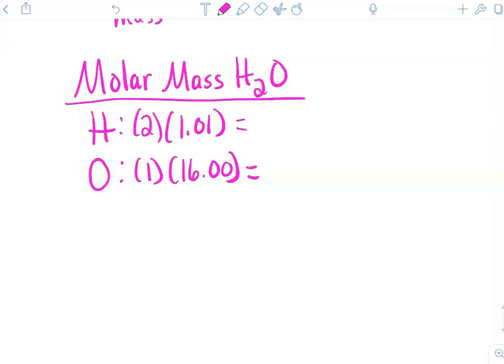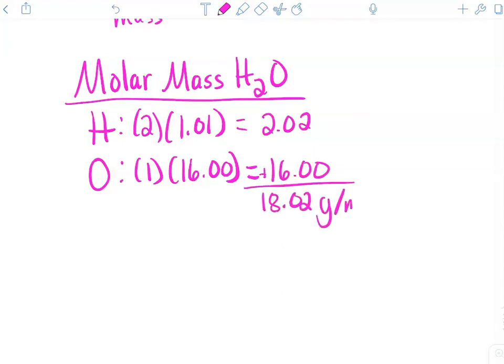I'm just going to work out the molar mass. So 18.02 grams per mole, which again, that's the same thing as saying 18.02 grams equals 1 mole. Okay? Now, it's time to do our setup.